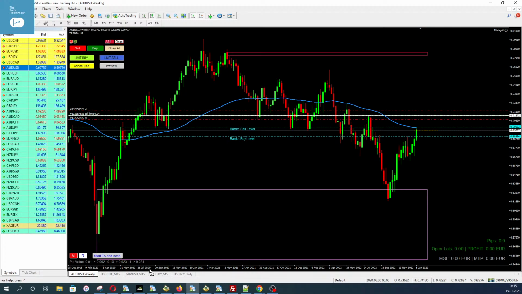This zone was created 2 years ago, in February 2020. After this up move, we got this weekly demand zone, and now 2 years later, it came back in September 2020, and it reacted. But I never would have taken this trade with such an impressive stop loss, okay? It's only to show you that even the big demand zones can work.